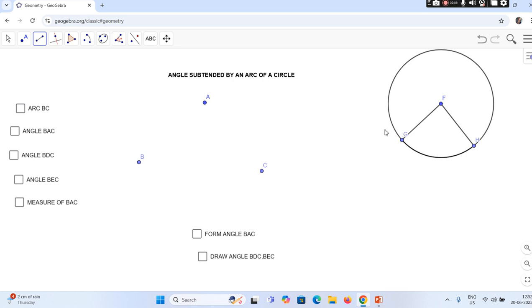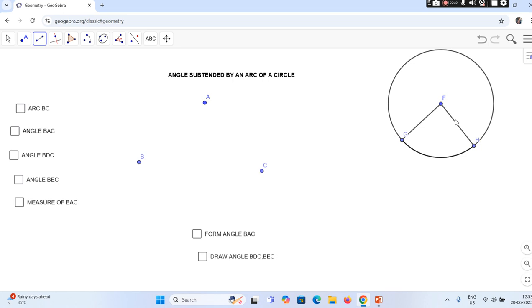I am repeating once again: when you draw lines from the center of the circle to the end points of an arc, the center is F and we are joining the end points of the arc, FG and FH. Dear students, what are FG and FH? In actual, these are the radii of the circle.